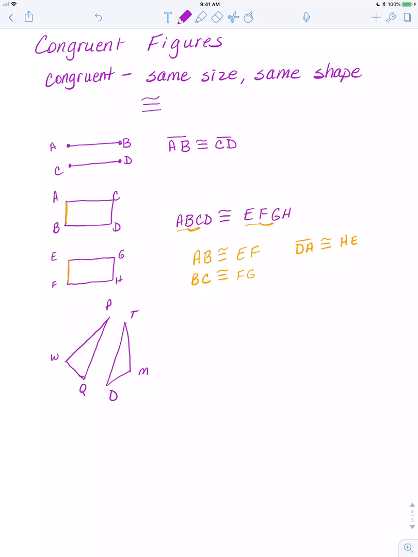So in this instance, we would say triangle PWQ is congruent to the triangle, and you've got to use the same ones, TMD. And so if I wanted to say this angle PQW would be congruent to, you would have to say it the same way. The same order, PQW, then would be TDM, and make sure you get those same angles, that they would be congruent to each other.